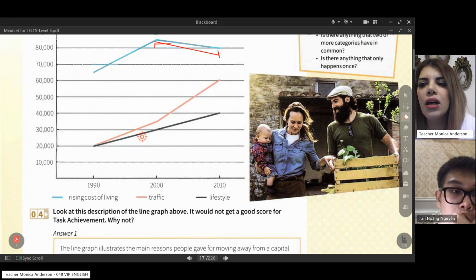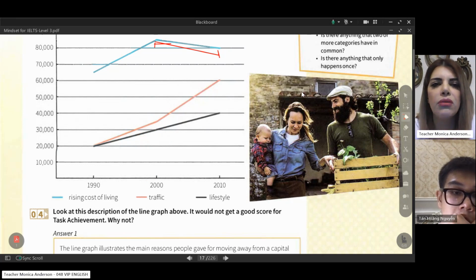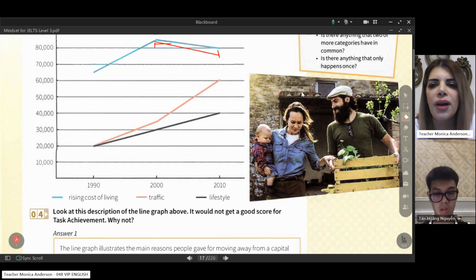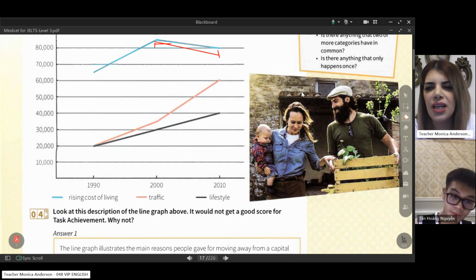And we can say now about the other one, if I want to give you another thing, for example. So we talked about traffic, now we talked about rising cost of living. I think in terms of numbers, it was the main reason for moving to the countryside across the whole period by maybe a significant margin.